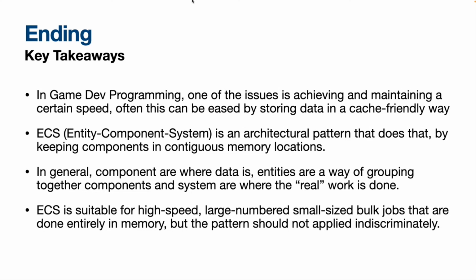It keeps different components in very contiguous memory locations. It is built upon components, where data is, entities that group them, and systems that operate on them. And again, remember, there are no silver bullets. Sometimes you need bulk jobs done fast, then it's fine. Other stuff, just don't do it. And that's basically it.